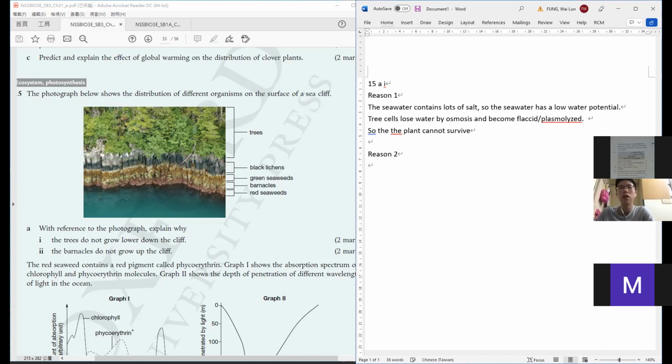When there are strong waves from the sea, do you think the strong waves will wash away the soil? Can it wash away? What is the effect? If they wash away the soil, can the trees get a firm support from the soil?